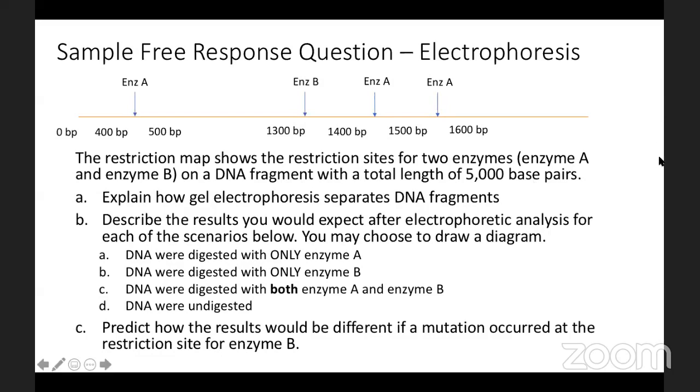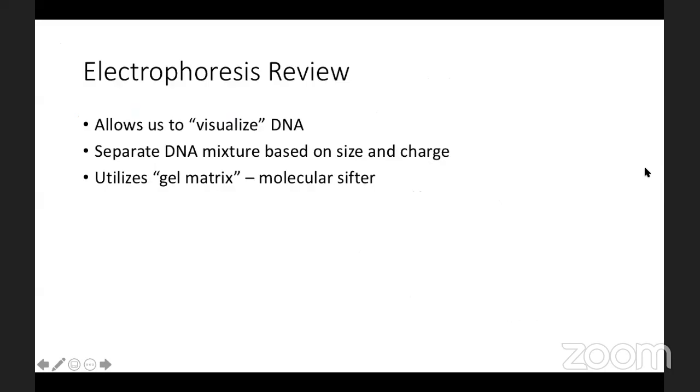In any case, let's do a quick review of gel electrophoresis. Electrophoresis is basically a tool that allows us to visualize a sample of DNA that we have. It separates DNA based on size and charge, and it utilizes a gel matrix, which is just a fancy sort of, I think of it as the kitchen tool, like a sifter or a sieve that we use to separate big chunks of flour from finer particles of flour that we want to use in our baked goods.